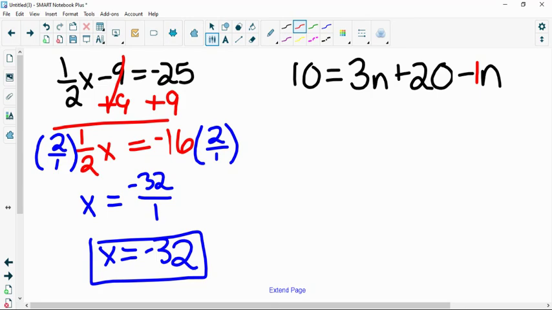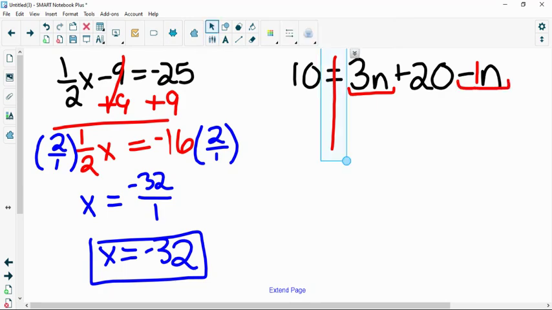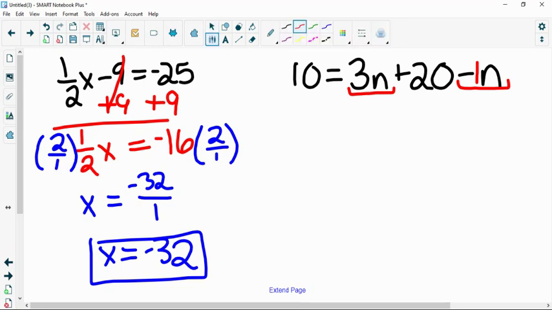Over there on the left side, I have this 3n and this negative 1n. We can combine those together. So we'll add together the 3 and the negative 1, giving me 2n. And I still have my plus 20 and equals 10.